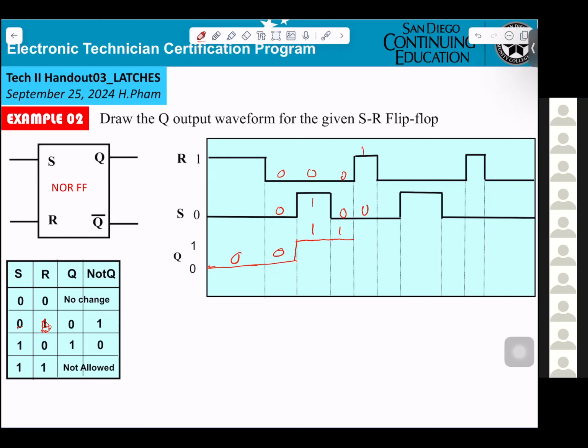Now S equals 0, R equals 1. Zero. That's how the output looks.